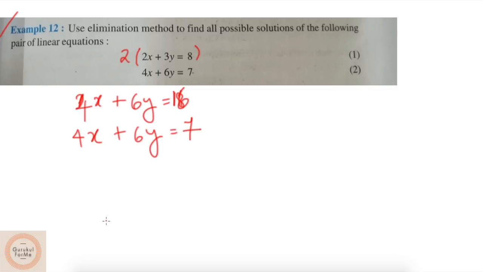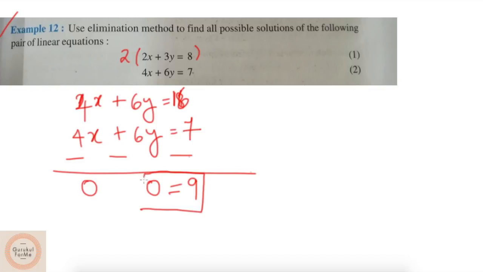So we are about to eliminate it. And while we are trying to eliminate it, we'll subtract both the sides and we'll get 0 is equal to 9. Now, I doubt if Einstein was also able to prove that 0 is equal to 9.